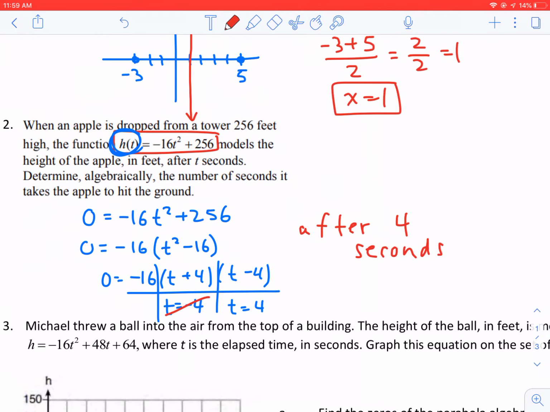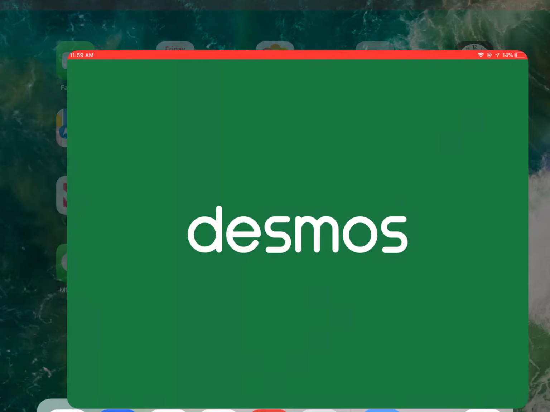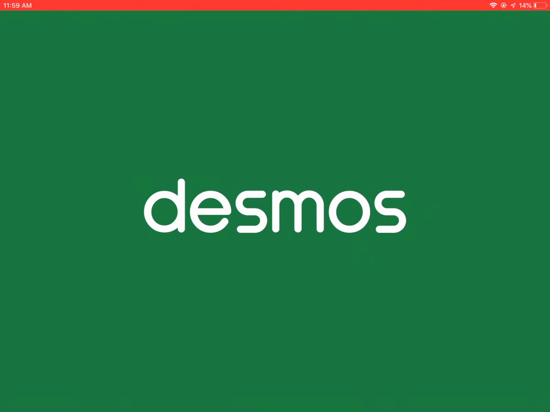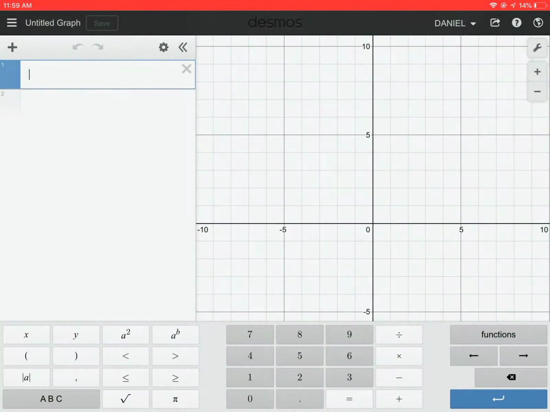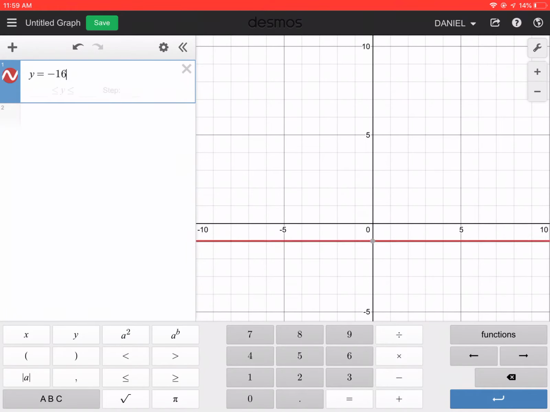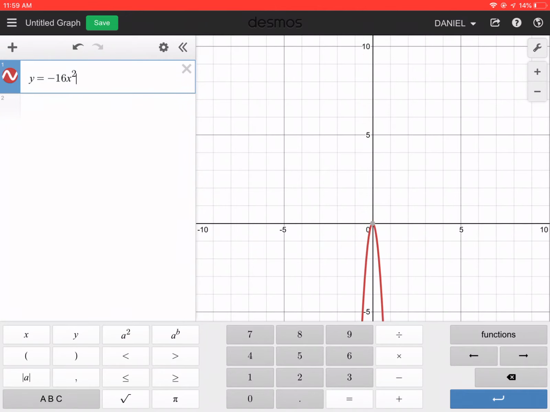Something else you could do: I know it says algebraically, but if you wanted to check your answer at least graphically, you can pull up Desmos or your graphing calculator and graph this function. So y equals -16x squared plus 256, I think.